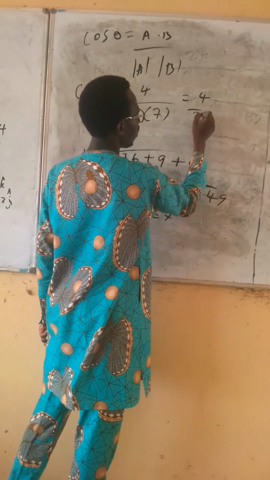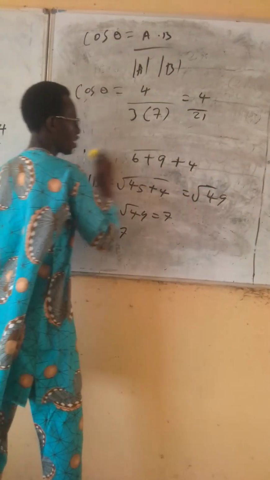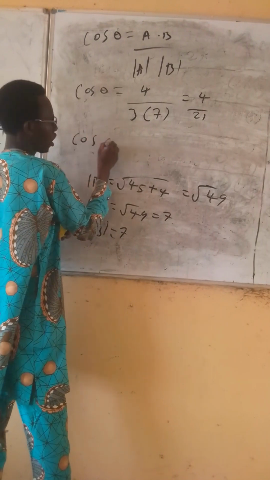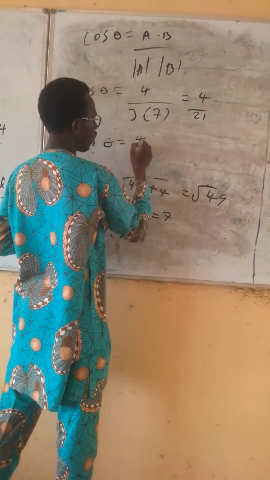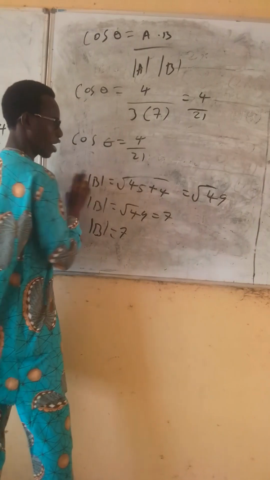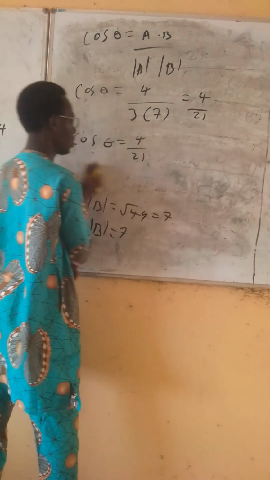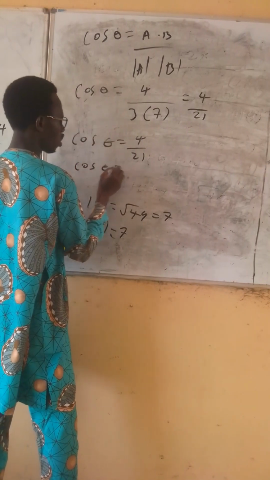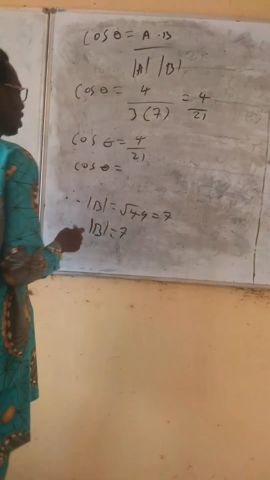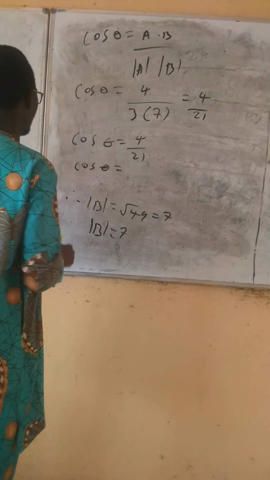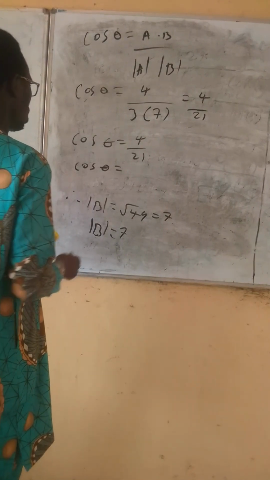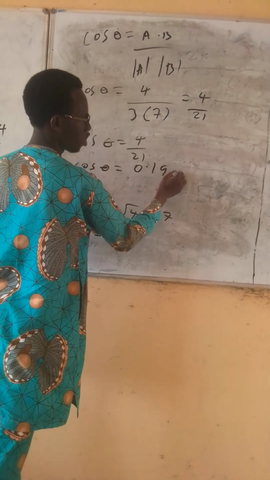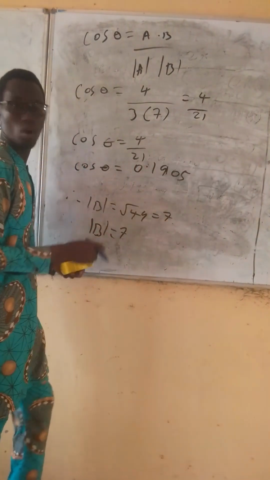So we have 4 all over 21, and you're going to agree with me, cos theta equals 4 divided by 21. When you do that correctly, you get 0.1905.